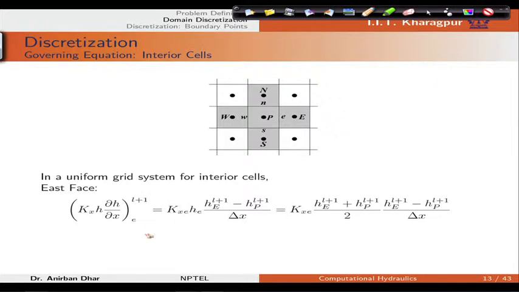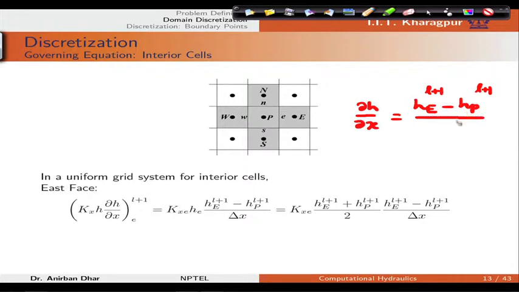East face, we already know that del h by del x at east face, we can write it in terms of h E l plus 1 minus h P l plus 1.